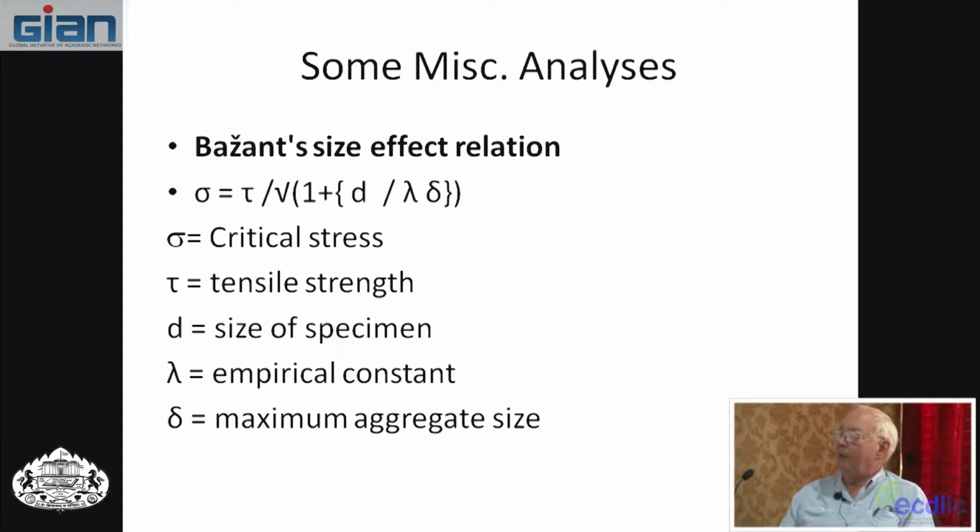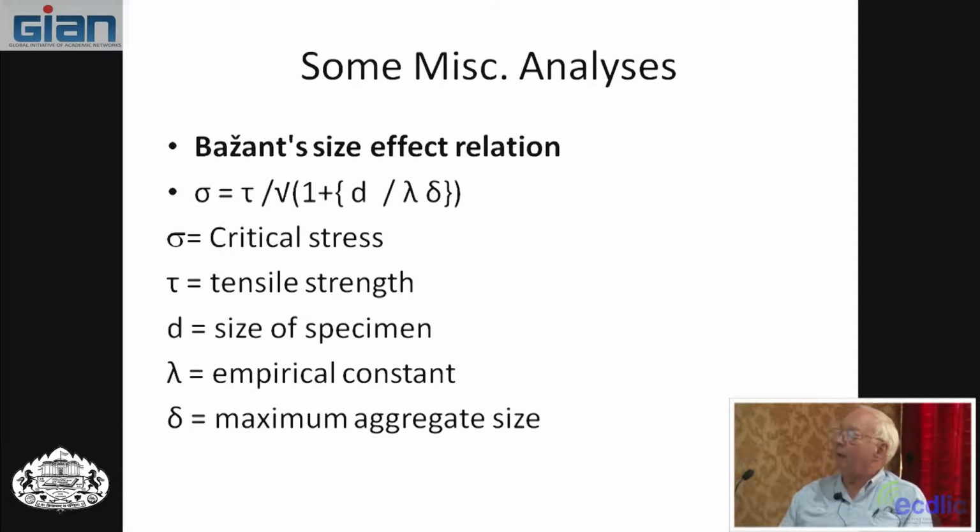He had this formula, stress based on tensile strength, tau, and the square root, everything under the radical, of these terms: specimen size, some constant lambda, and then aggregate size. So the whole critical stress is influenced by aggregate size.